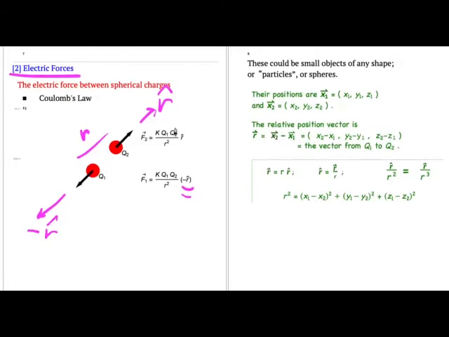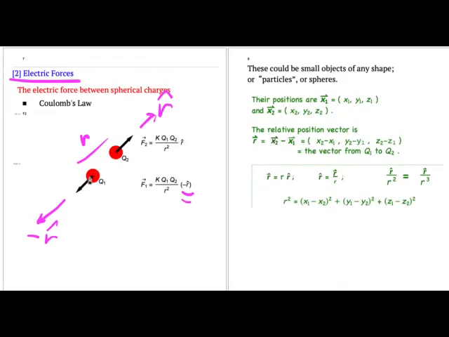And if Q1 and Q2 have the same sign, both positive or both negative, these forces will be both directed away from the other particle. But if Q1 and Q2 have opposite signs, then the signs of the force vectors will be opposite to the picture here, and the two charges will experience forces of attraction, forces directed toward the other object.